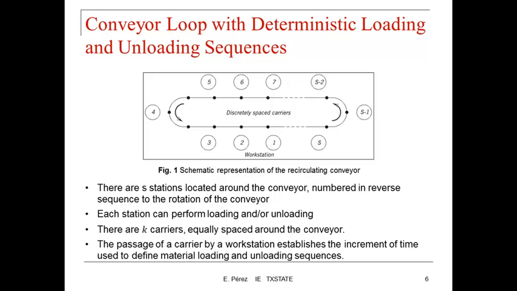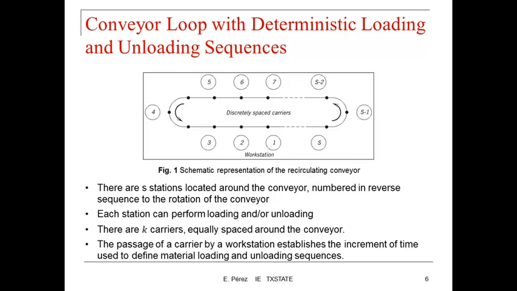We are assuming that they are equally spaced around the conveyor. The passage of a carrier by a workstation establishes the increment time used to define the material loading and unloading sequences. So this is the type of system that we are trying to design.